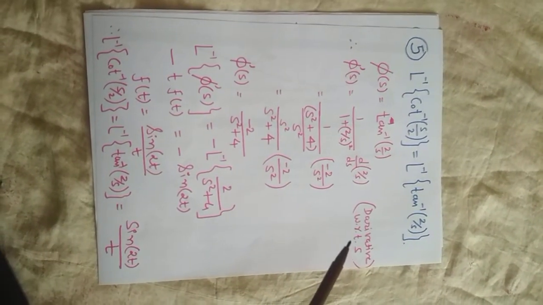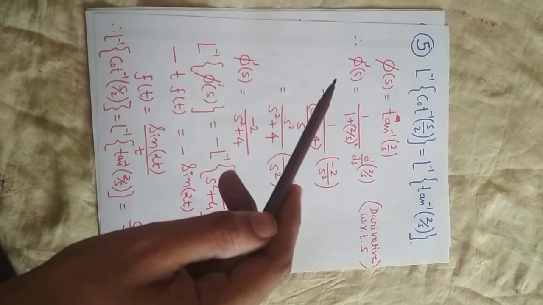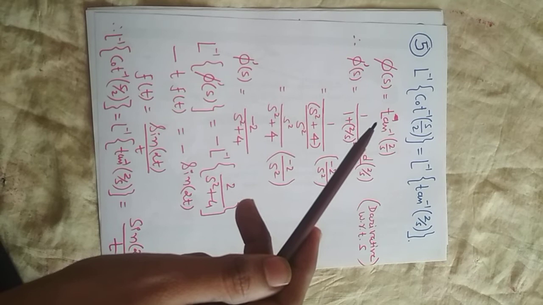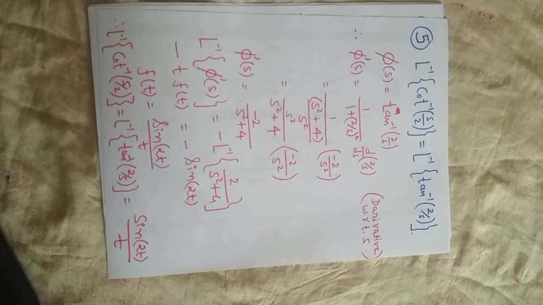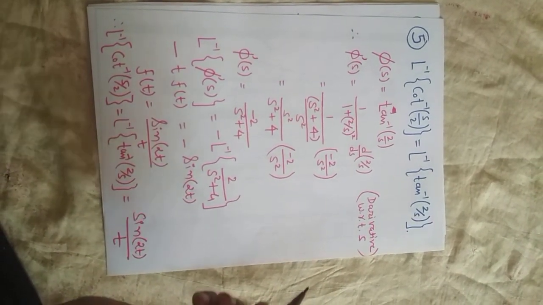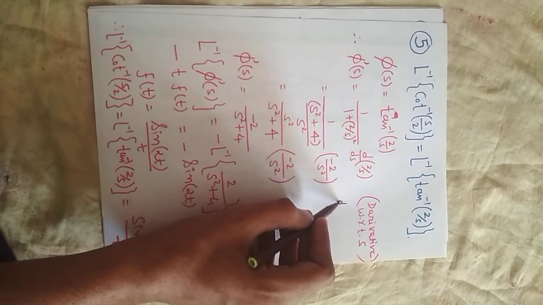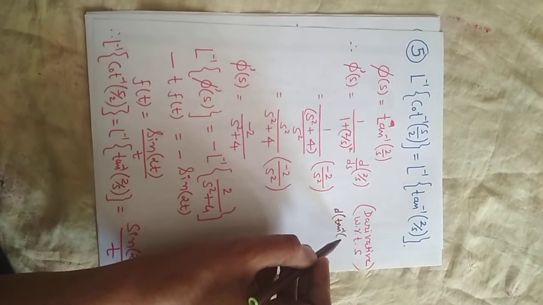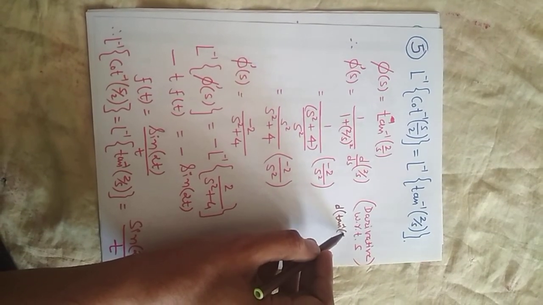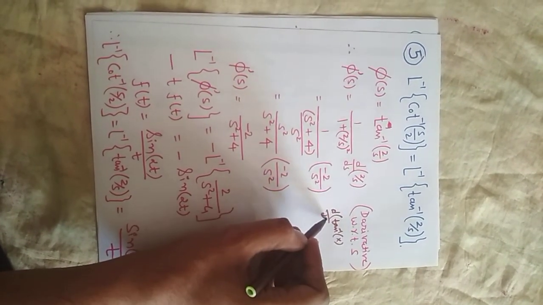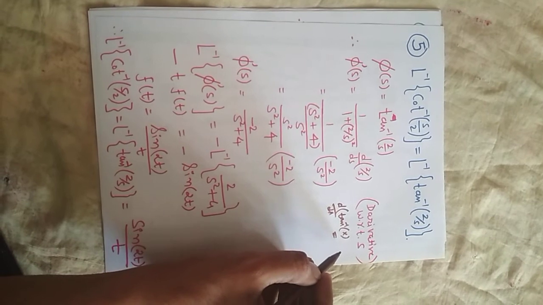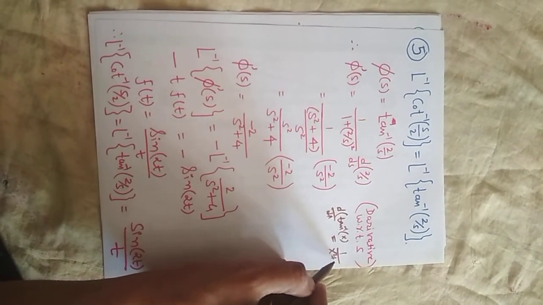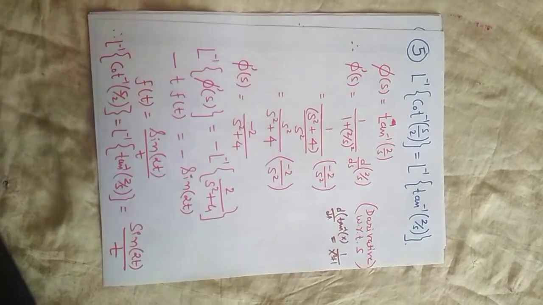So differentiate both sides with respect to s. What is the derivative of tan inverse x? The derivative of tan inverse x with respect to x equals 1 upon x square plus 1.